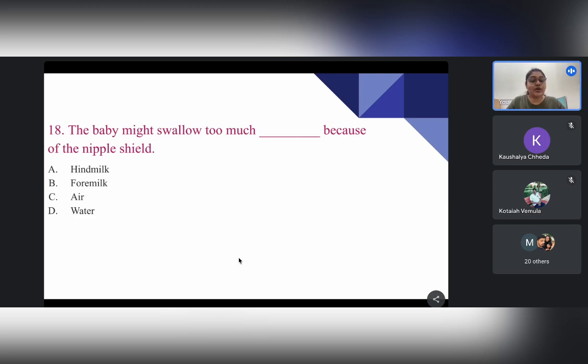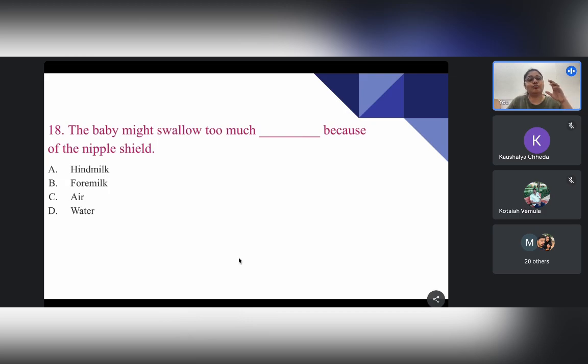They might be told to use the nipple shield, or maybe if somebody is not able to get proper latching through the different techniques, or if somebody is having some injury to their nipples, that can always trigger them to use these nipple shields.